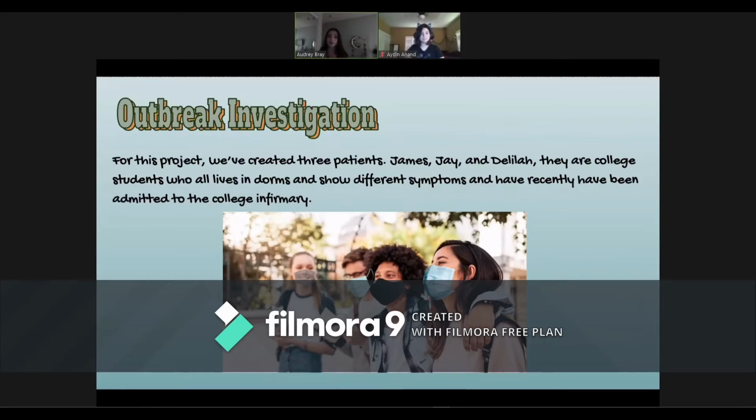They were admitted into the college infirmary, and we looked into how we could use DNA sequencing and gene databases to find out what virus they had, and then trace back how it could be transmitted between them.